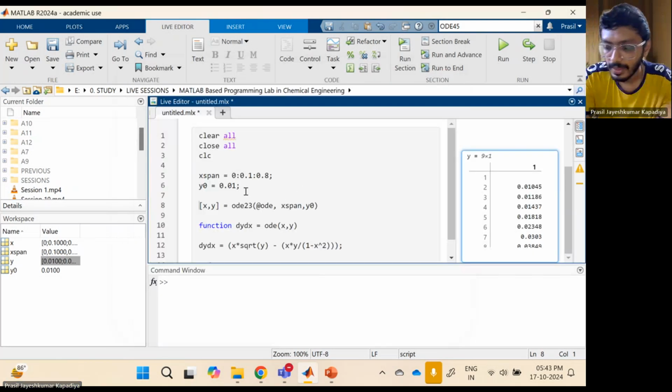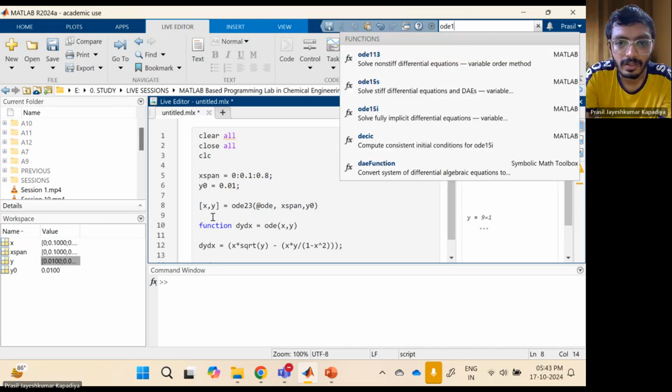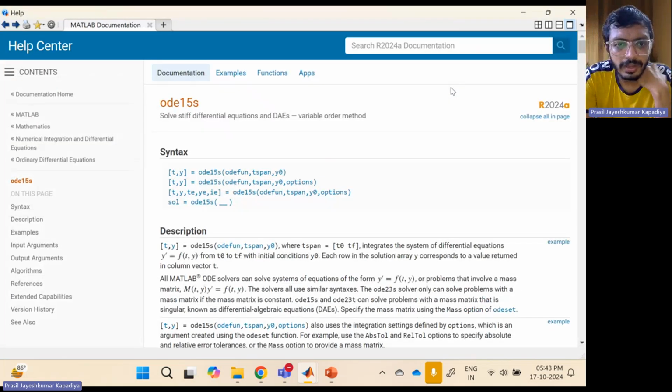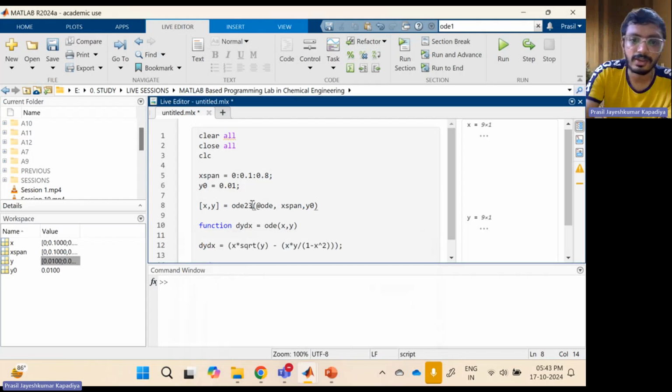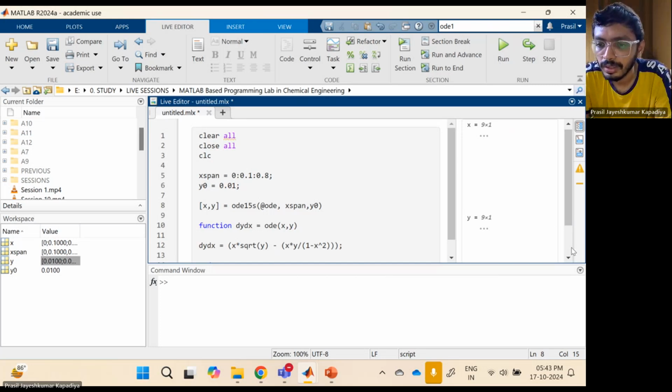I guess there is also ODE15s. Yeah, that is ODE15s. We can also use it and check what ODE15s gives. Okay, so we are getting something.